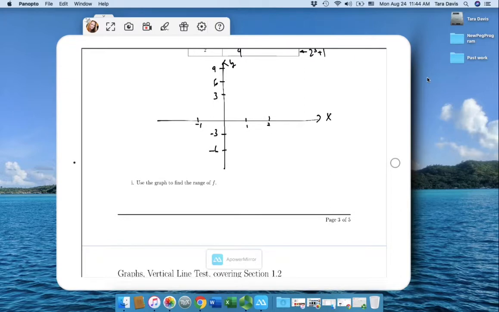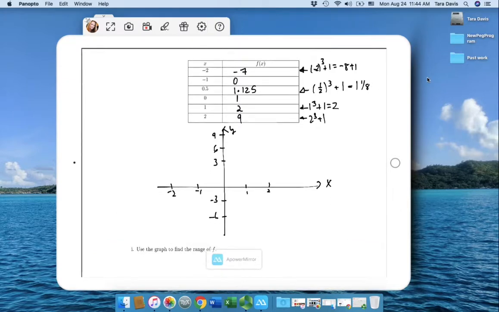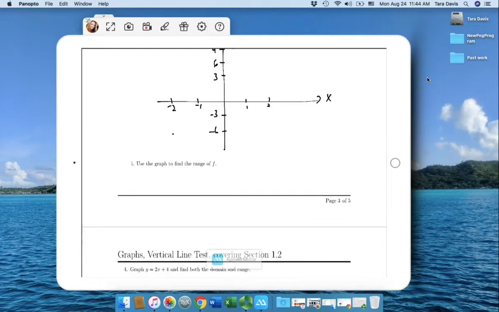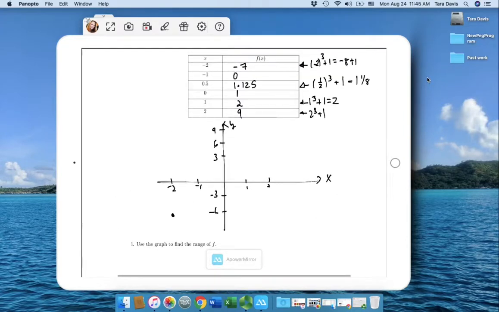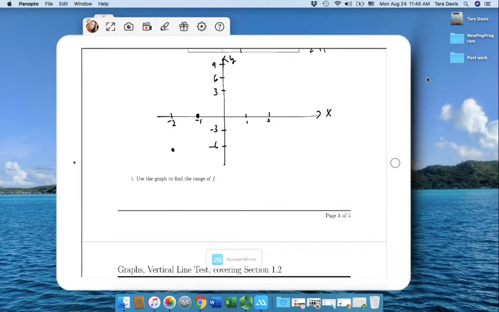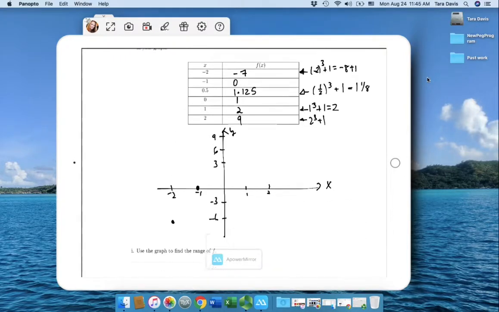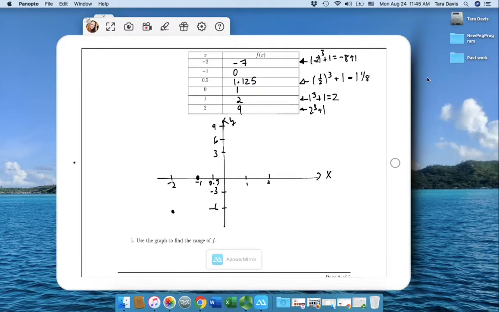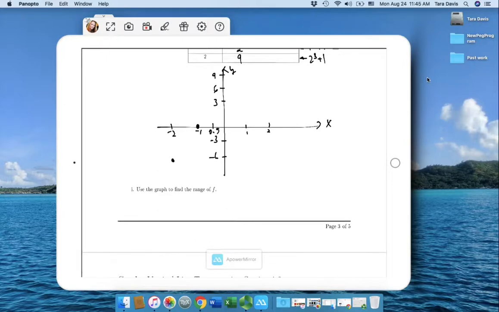Okay. So I'm going to plot the points in my table. When x is equal to negative 2, y equals negative 7. That's a little bit beneath negative 6. And when x is equal to negative 1, y is 0. When x equals 1/2, and it's always good to have some negatives and some fractions to get your graph looking more accurate, y is equal to 1.125.